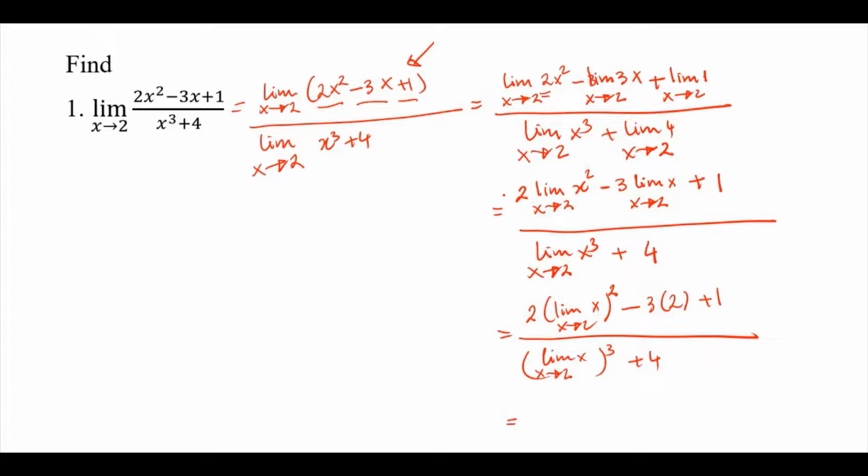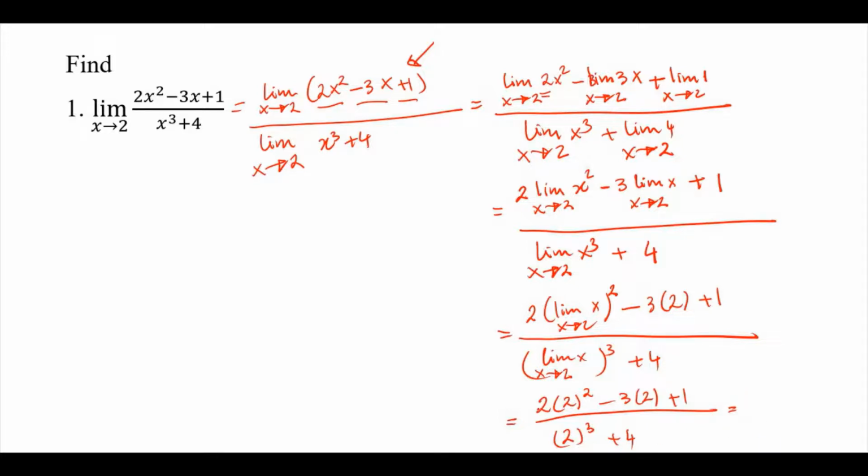Then eventually we're going to compute. We know that the limit of x as x approaches 2 is 2, and similar here, so we're going to say 2 times 2 squared minus 3 times 2 plus 1 over 2 raised to the third power plus 4, which is eventually going to give you, and remember PEMDAS when you do expressions like that.